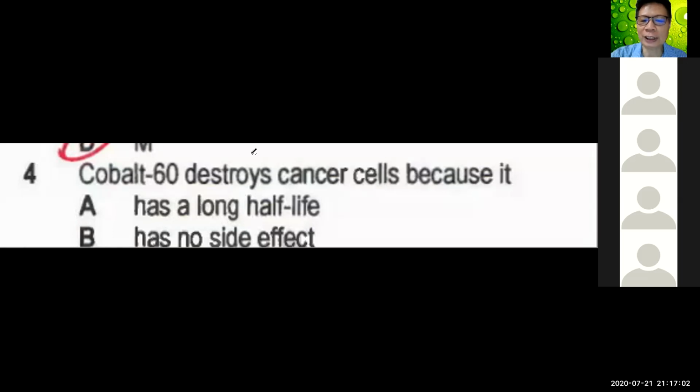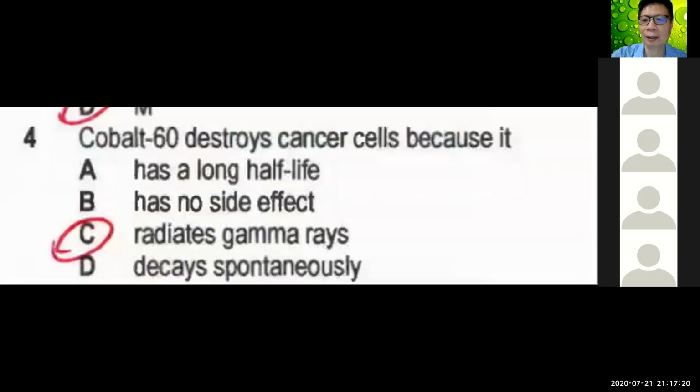A, B, C, D. Which one? Yes, C, correct. Because of gamma. Radiates gamma ray. Because the gamma ray is strong enough to kill the cancer. Okay, that's why we choose cobalt-60.